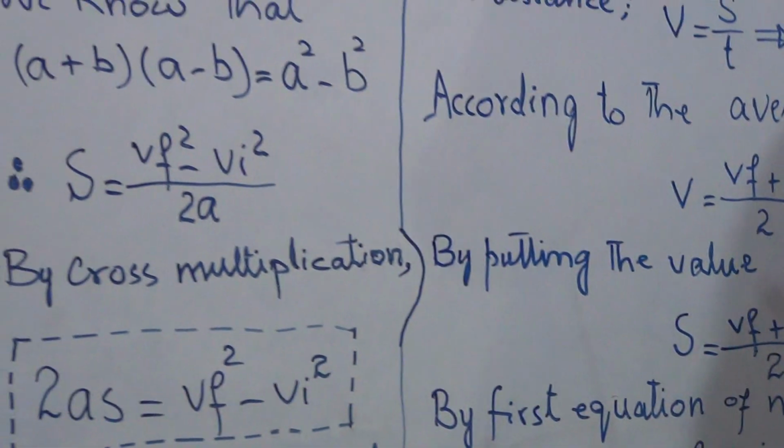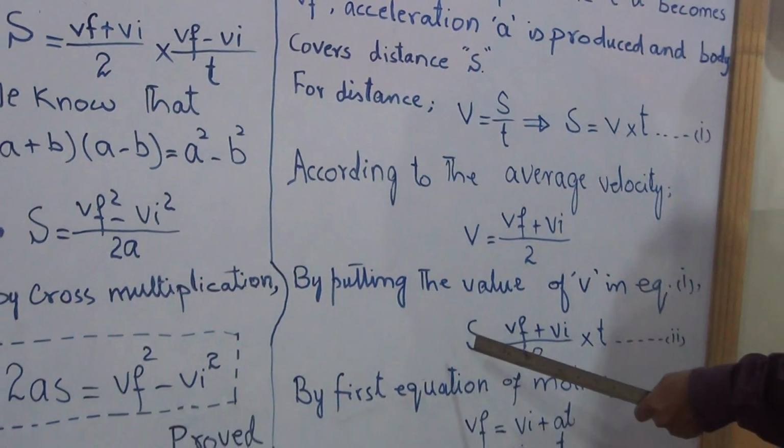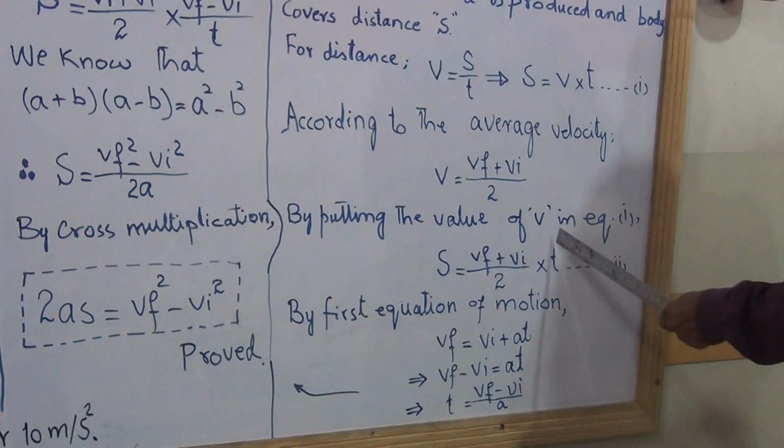Now put this value in equation 2. This one is 2 because we have to remove t.